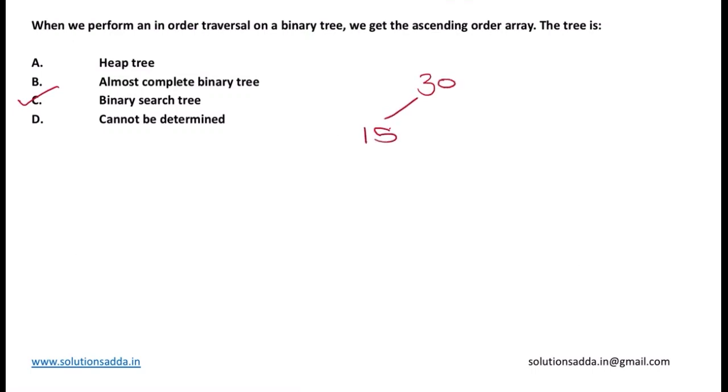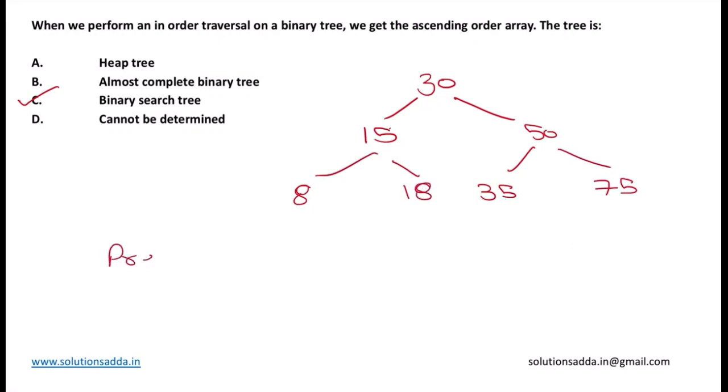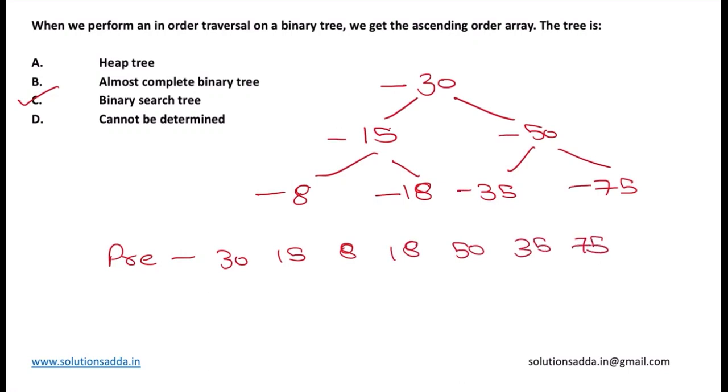30, 15, 50, 35, 75, 8, 18. So when we perform a pre-order traversal, what do we observe? 30, 15, 8, 18, 50, 35, 75.